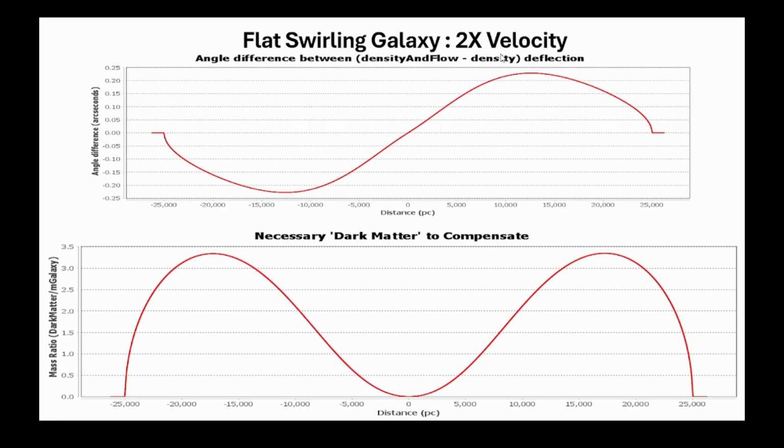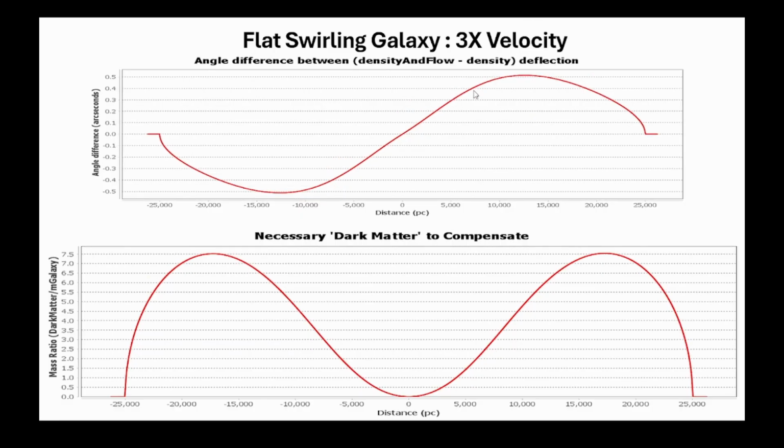So if we have a little bit of an error in the velocity of our galaxy, we would have quite a bit more error in the mass estimate here. And again, just for even more fun, if that's what is fun to you, we're going to do 3 times velocity. And now we're getting half an arc second and almost 7 times the amount of mass to simulate that same deflection.